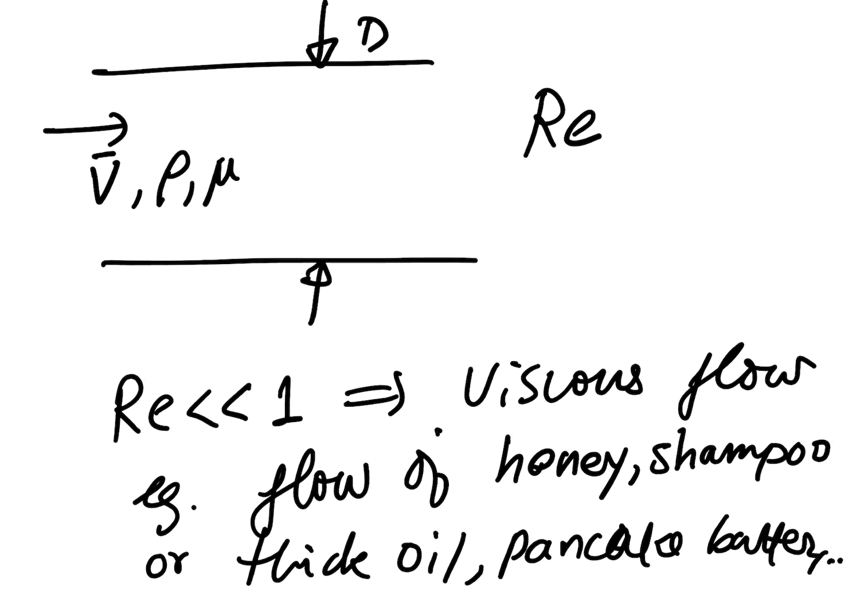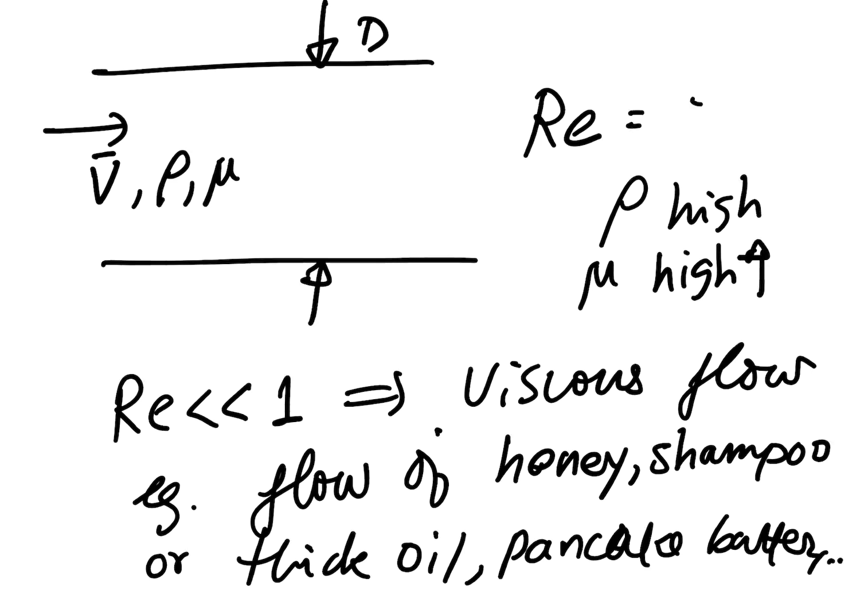Why are these flows very viscous flows? These fluids typically have high density, but also their viscosity is very high. That will make Reynolds number, which is rho V d over mu, much smaller than 1.